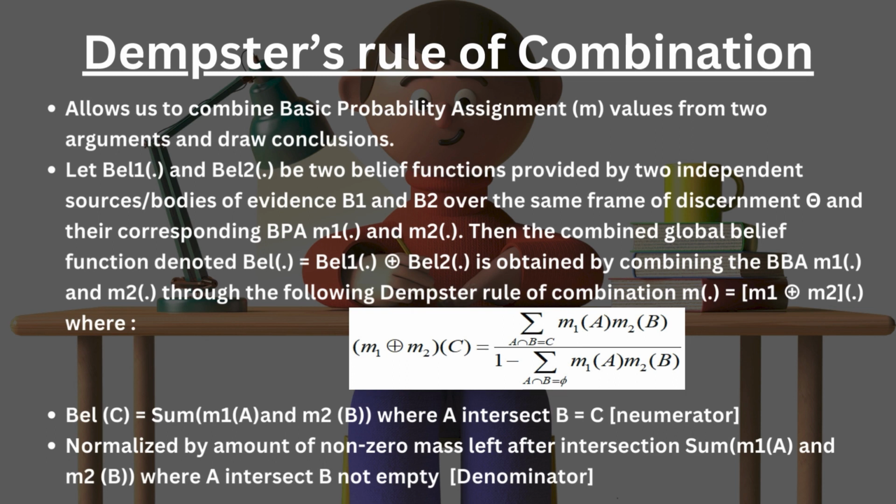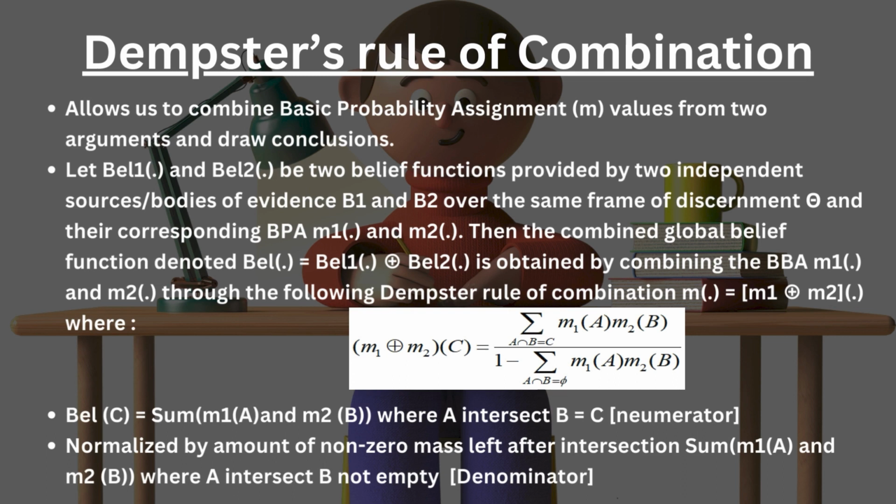This is the rule of combination: the combined mass comes from the basic probability assignment from source 1 and the basic probability assignment from source 2 for that particular proposition, where the numerator captures the intersection of A and B that results in C. The denominator normalizes this by considering the amount of non-zero mass left after the intersection.